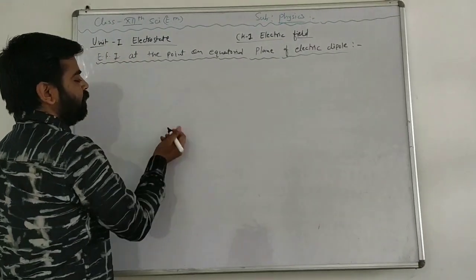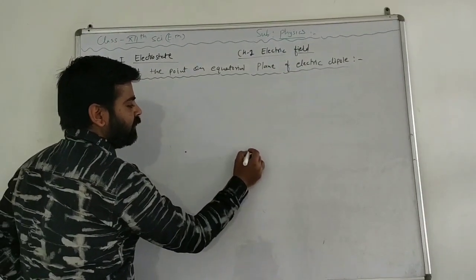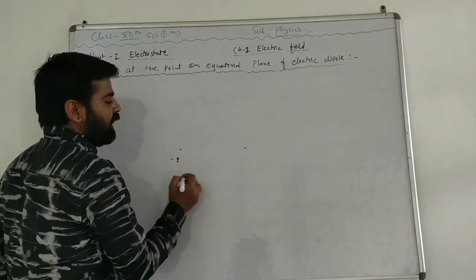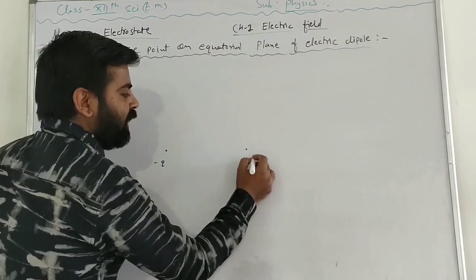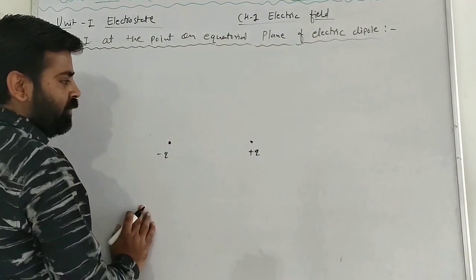So, firstly, I draw the electric dipole. In an electric dipole, it is well known that there are two charges, minus q and plus q.